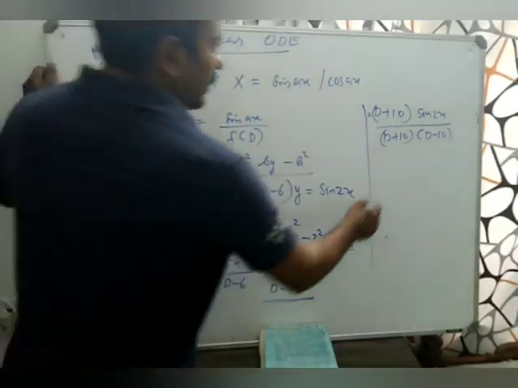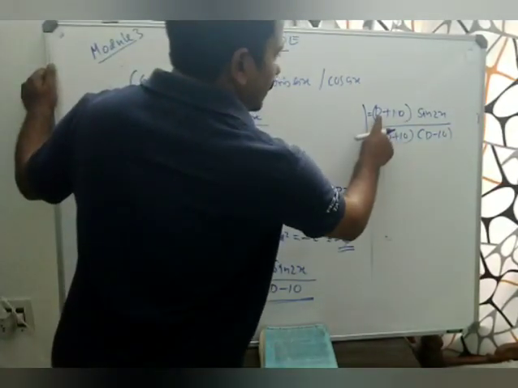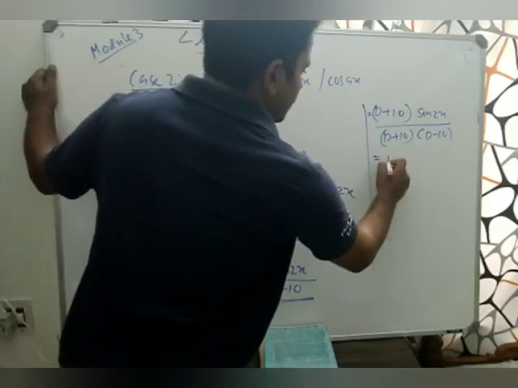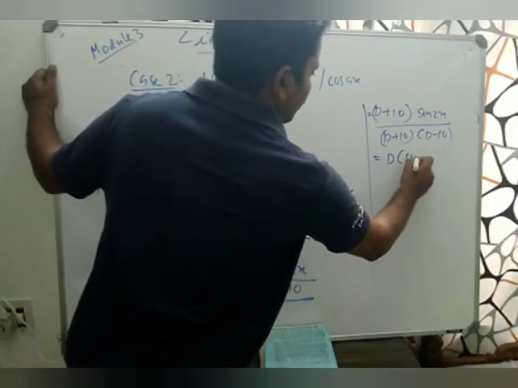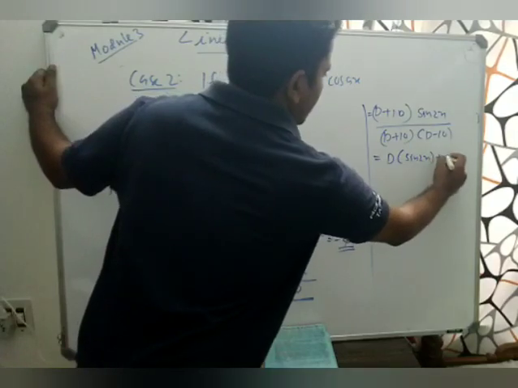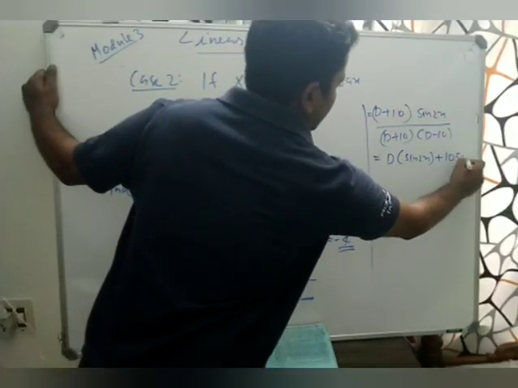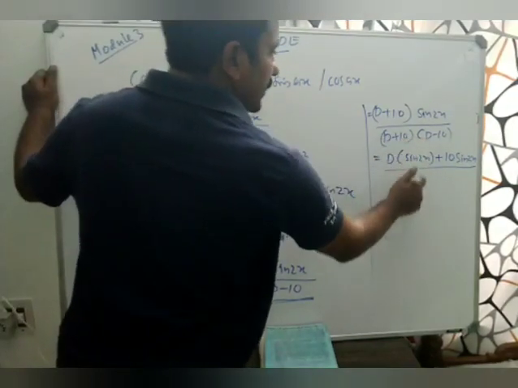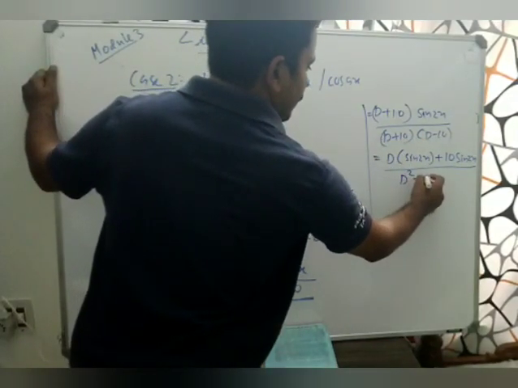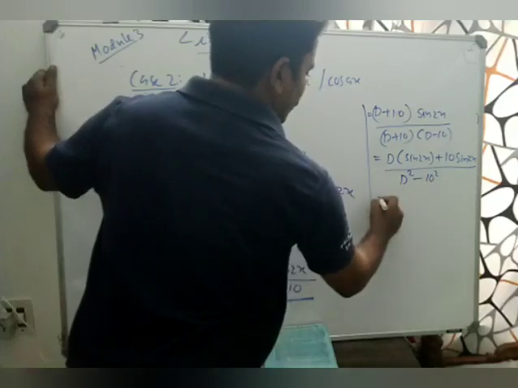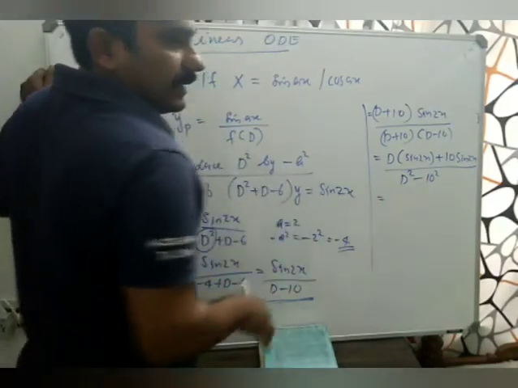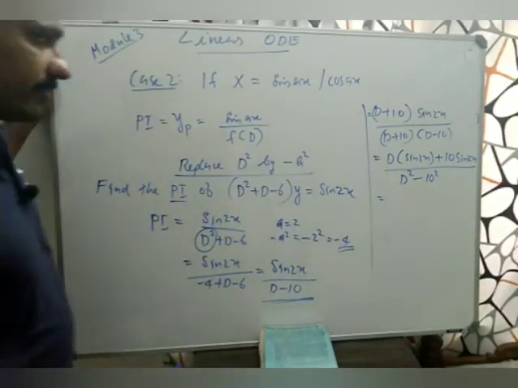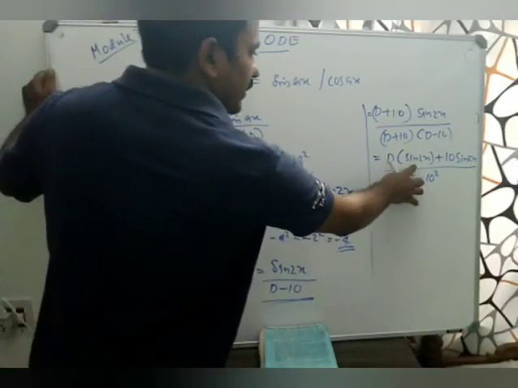Okay, and when you multiply this one, you will get D of sine 2x plus 10 sine 2x divided by, this is a plus b times a minus b, so we'll get D square minus 10 square. D means derivative, so find the derivative of sine 2x.